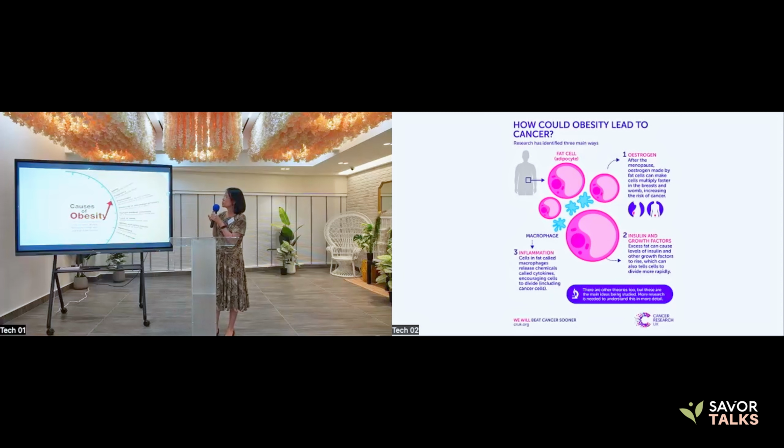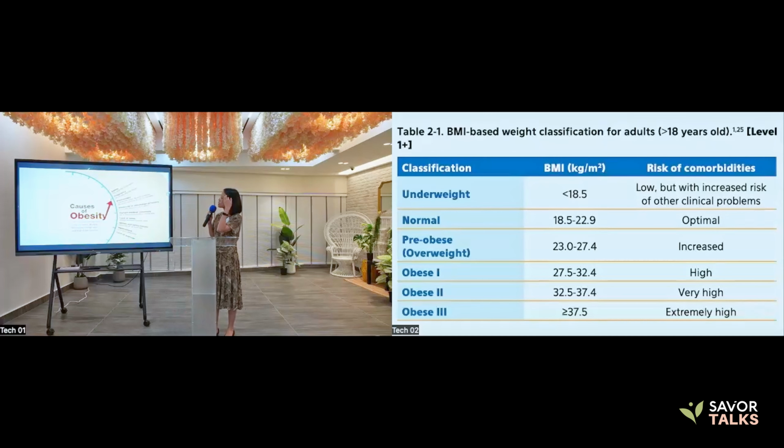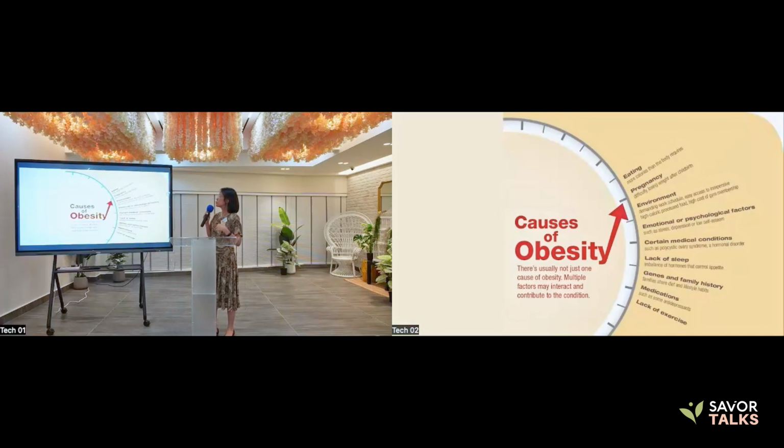And we need to know what the cause of obesity is. There are many causes. It can be due to eating habits, or maybe after pregnancy, due to hormone changes, you're not able to lose weight, or maybe due to no wholesome food available, no time to prepare food, or maybe due to stress or depression, or other medical conditions, or lack of sleep, or genetics or family history.